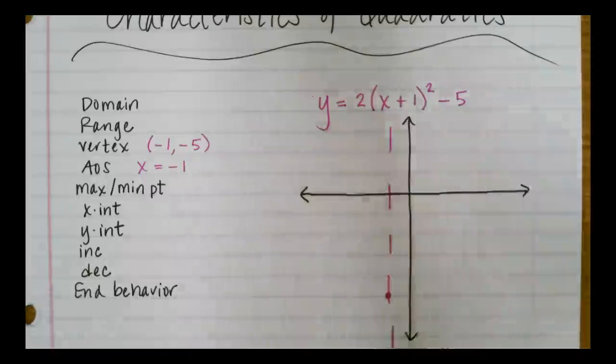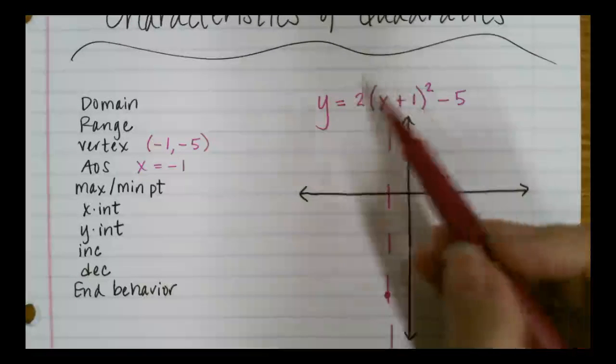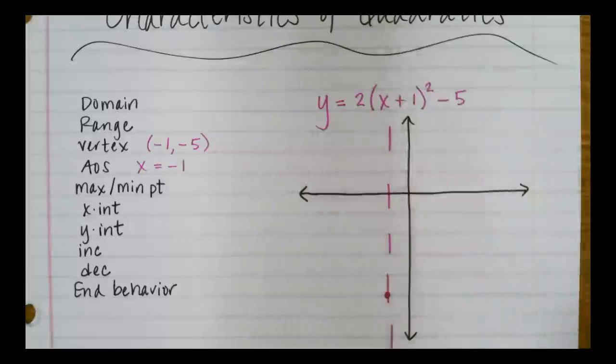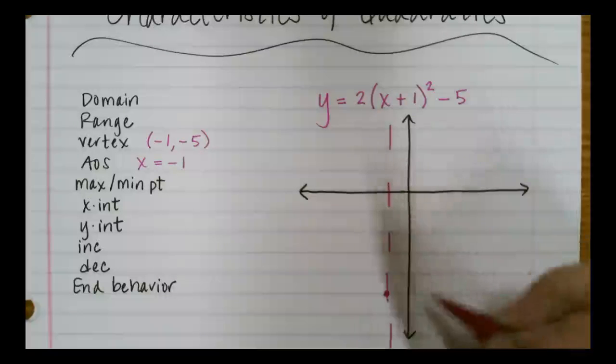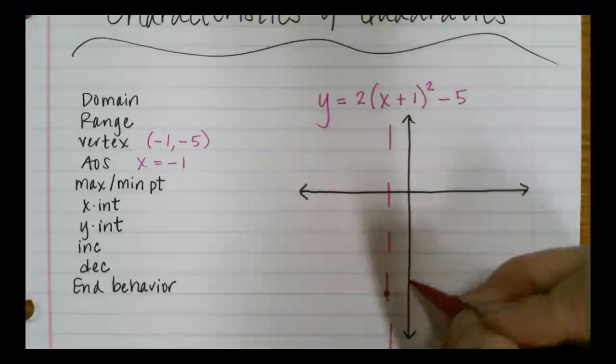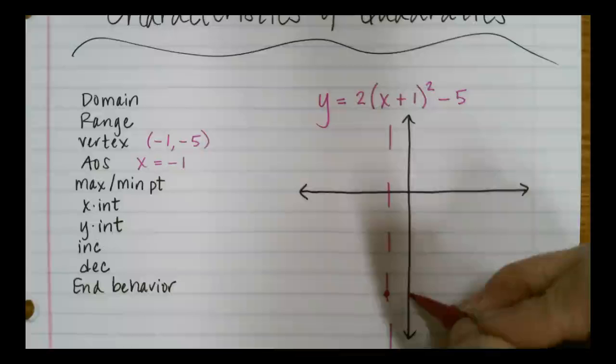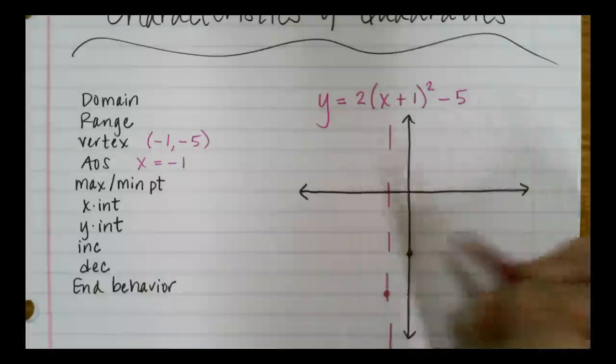All right. Now I see that the a value is 2, which means that this parabola is stretched to be twice as tall as it normally is. So if I go over 1, instead of going up 1, I'm going to go over 1 and up 2.